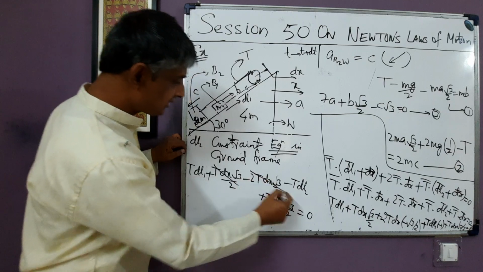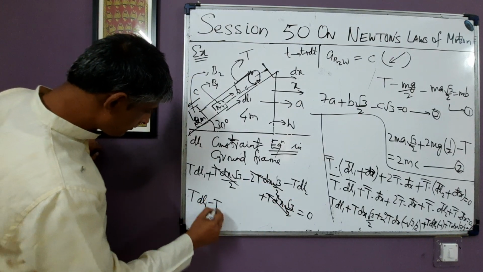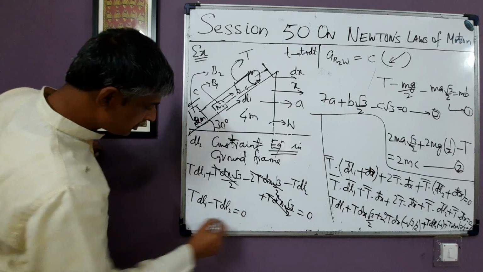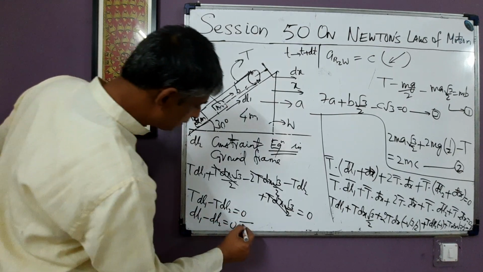Now this and this, they go away. So we get T dl1 minus T dl2 equals 0. T and T cancel out. dl1 minus dl2 equals 0.